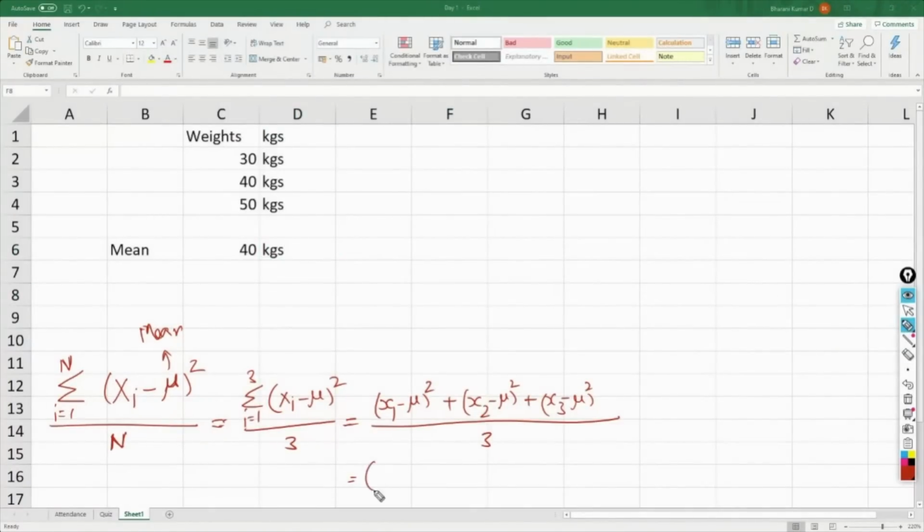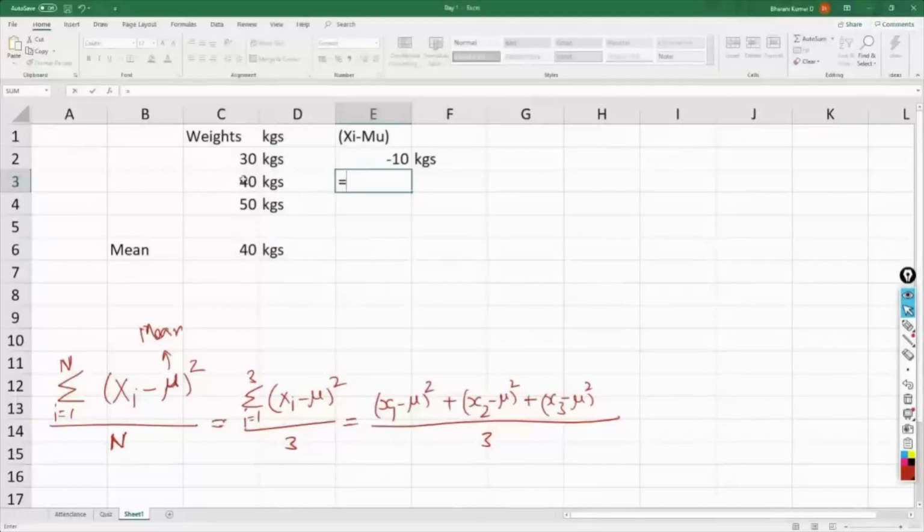Now how do you calculate it? You say 30 minus 40 whole square. So rather than taking this route, I'm going to solve it here. Let me calculate xi minus mu first. So x1 minus mu is minus 10 kgs. x2 minus mu.